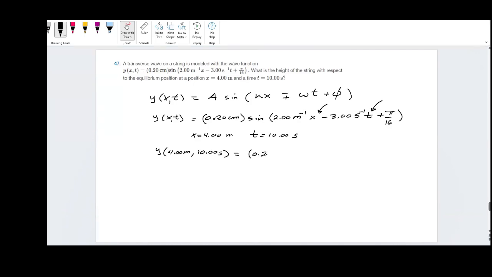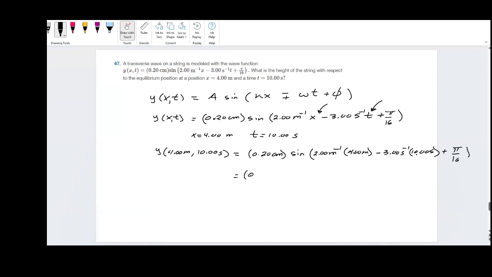So we say 0.20 centimeters, the sine of 2.00 meters to the -1 times x, that is going to be 4.00 meters. So the meters are going to cancel out, right? Minus 3.00 seconds to the -1 times the time, that is 10.00 seconds. So the seconds are going to cancel out, right? Plus the initial phase shift, which is pi over 16, right?